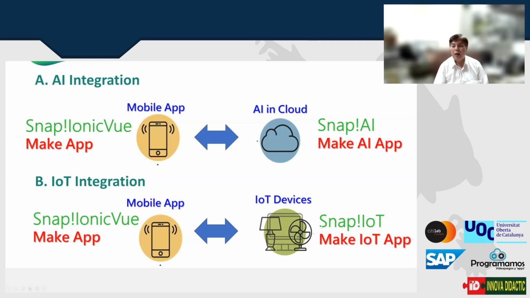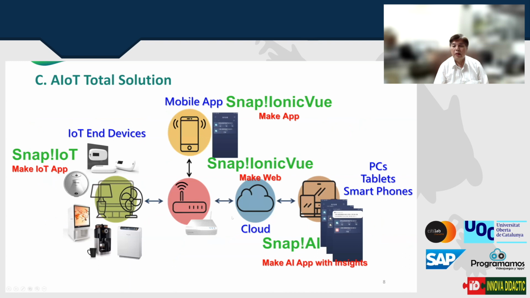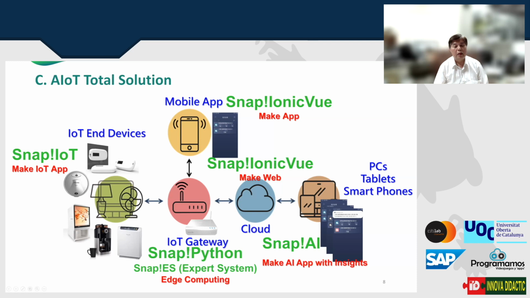Or you can control your IoT end devices. And this is the whole total solution. We integrate mobile phones, the Internet of Things, and deep learning as well. And we also have Snap for Python, building an edge computing gateway.